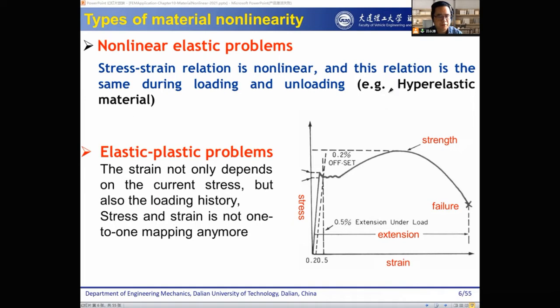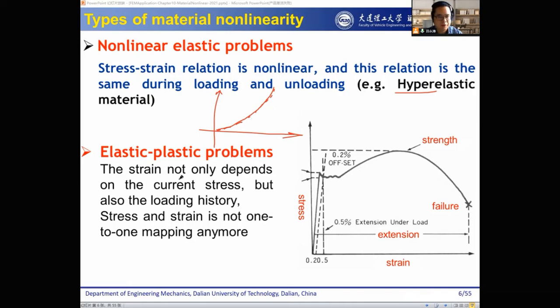An example of this is the hyperelastic material. For the hyperelastic material, the stress-strain relationship is nonlinear, and if we do the unloading, it will follow the same path. If it's this kind of behavior, then we call it hyperelastic material.